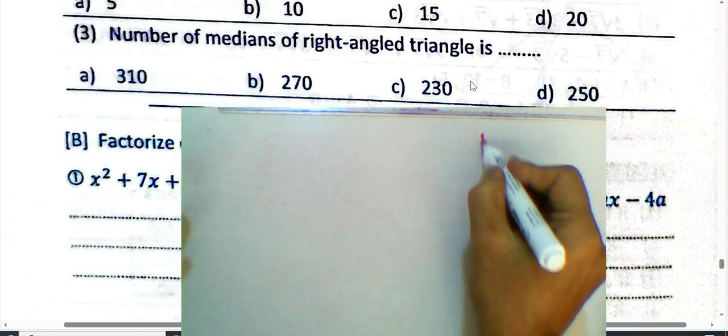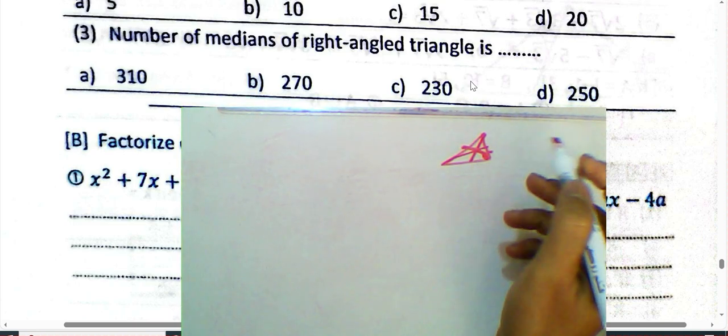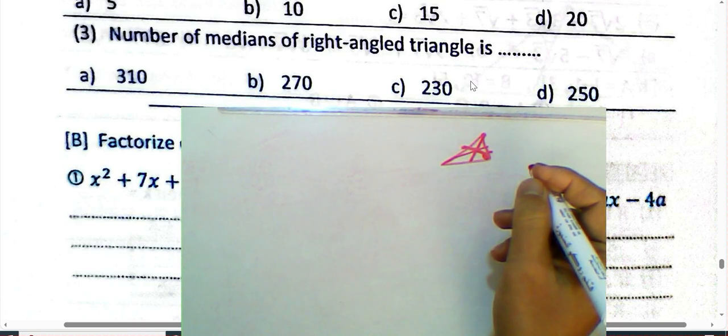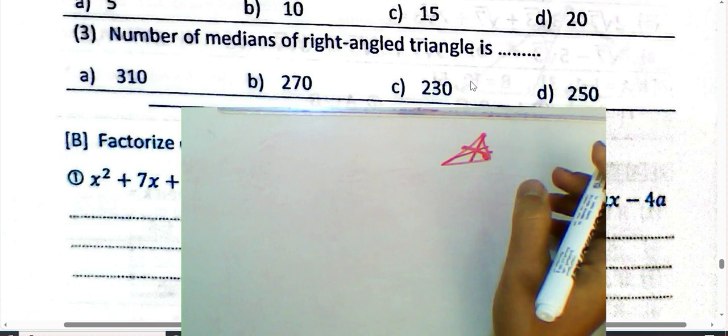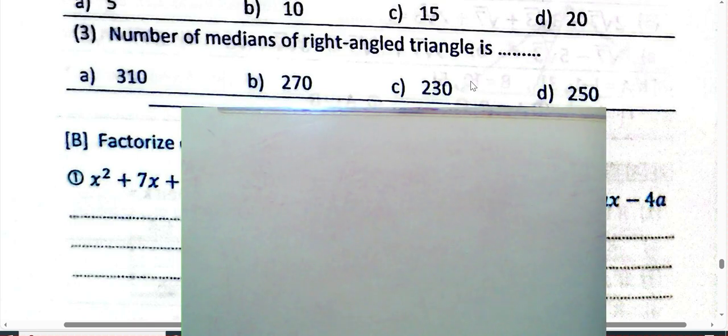Any triangle has 3 medians, like isosceles, scalene, equilateral, right angle triangle, obtuse angle triangle, and also acute angle triangle. We have 3 medians in a triangle. The solution here is wrong. 3 is the number of medians. It will be 3.